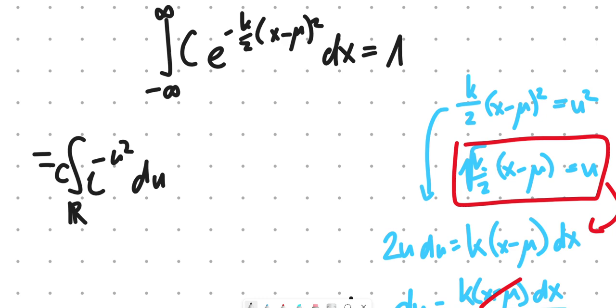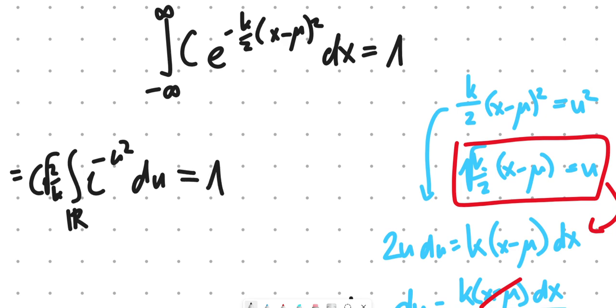And I'm going to put the square root of 2 over k over here. It's going to be a little messy. I'm going to write it again here. So it's going to be c times the square root of 2 over k, and then the infinite integral, which is going to be equal to 1.